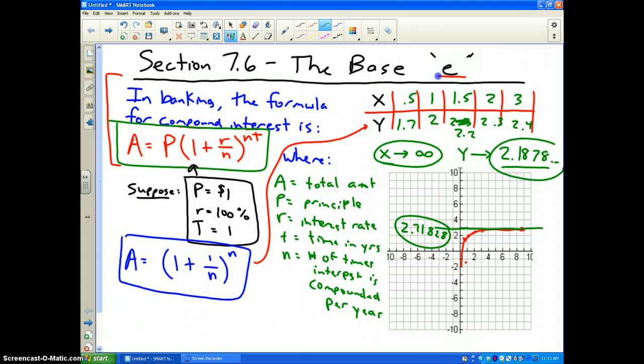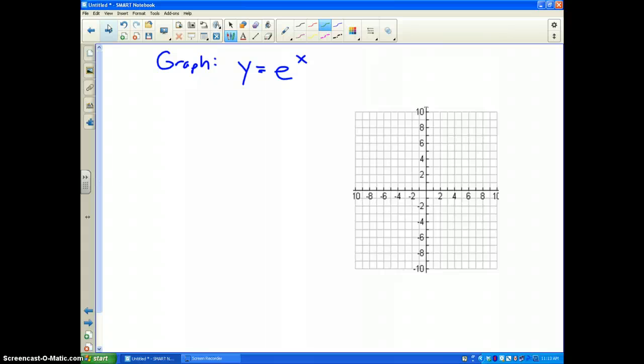Now, this particular number has a very special name. It is called E. E is just like pi. And I'm going to go forward a screen, so if you need to pause that, go ahead. But E has a value of 2.71828.